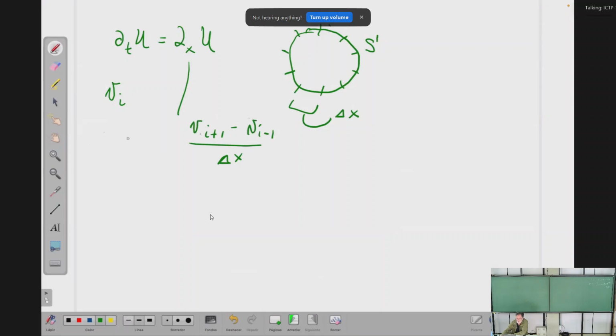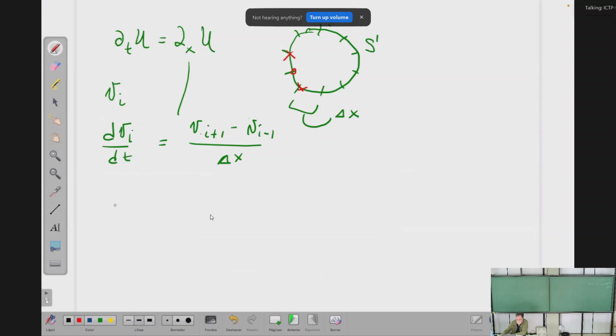And on this side, we will get db_i/dt equal to this. So we approximated the space derivative by a centered finite difference. For the point here, we look at this point and this point, and so on. Notice, this is a big system.